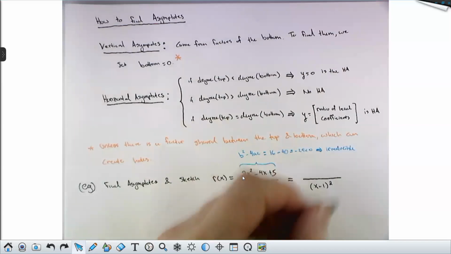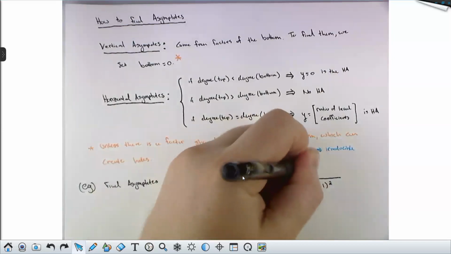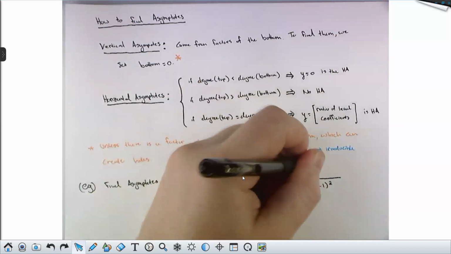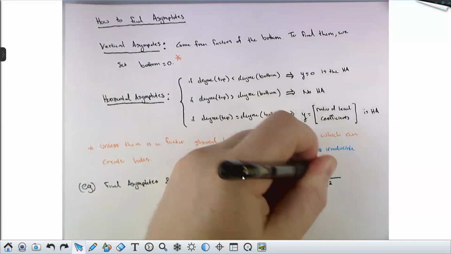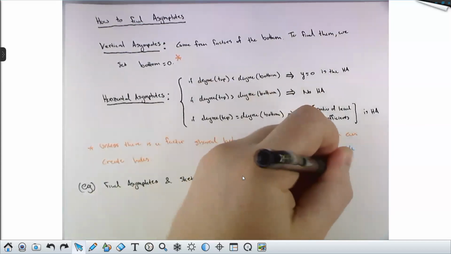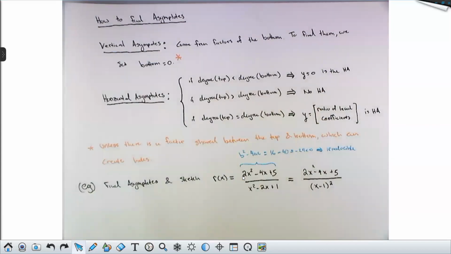So I know that there's no risk of that thing canceling with something downstairs, so I'll just leave it as 2x squared minus 4x plus 5. Remember, to check whether a quadratic is irreducible, you compute b squared minus 4ac, the part under the square root in the quadratic formula.